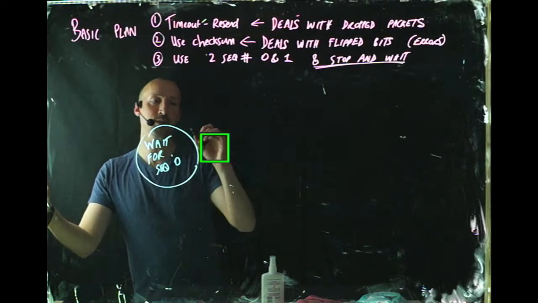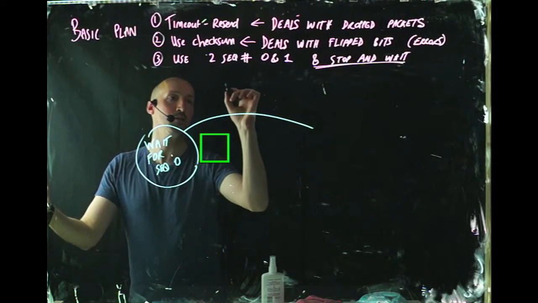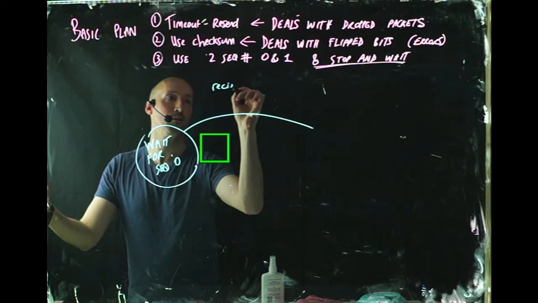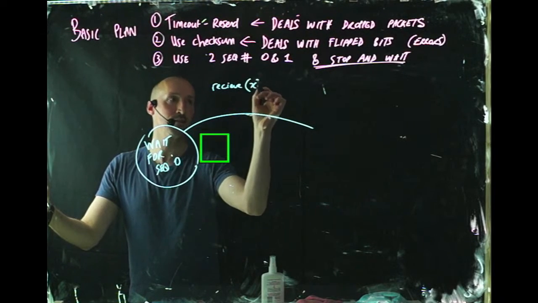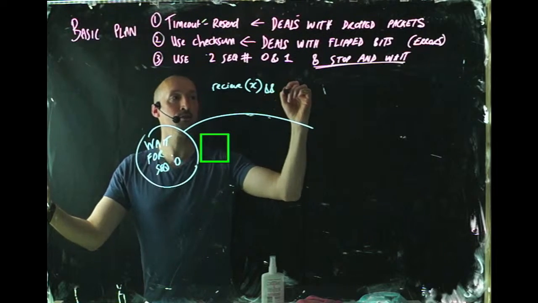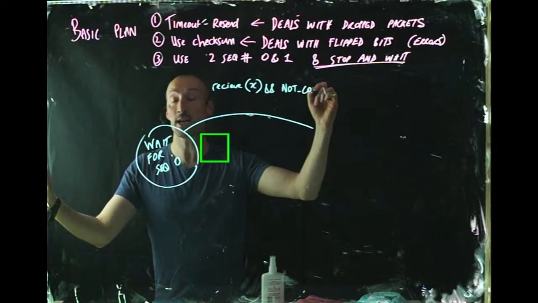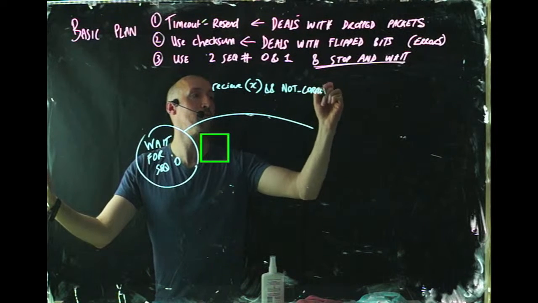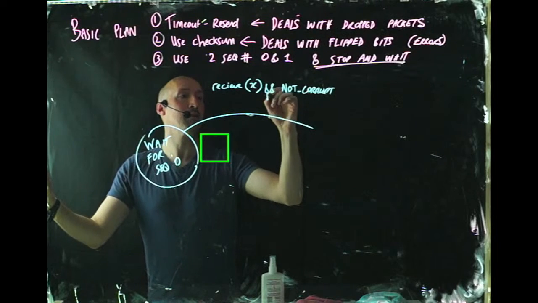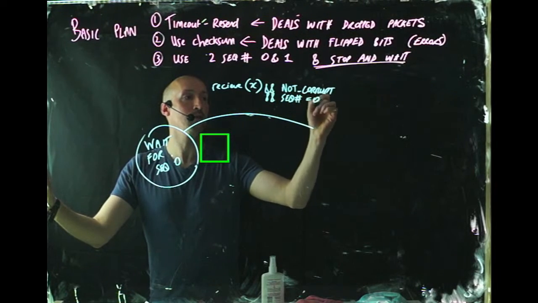So if a packet comes in, imagine we receive X that has been sent, and not corrupt. In other words, the checksum is correct, not corrupt, and the sequence number equals 0.